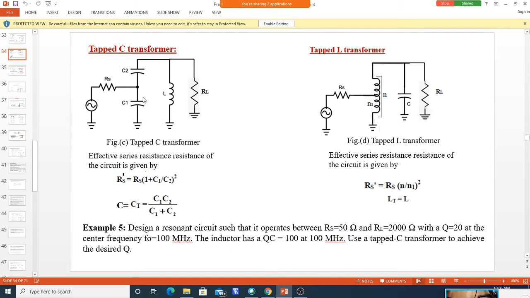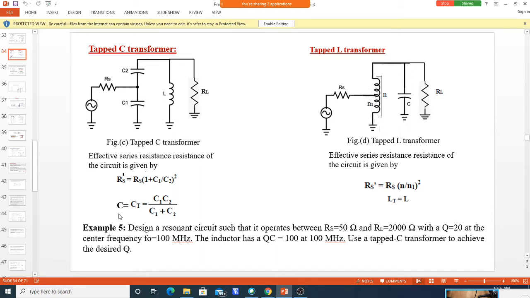So if you do like this, to the entire circuit the resistance is not now equal to RS, it is equal to RS dash. So automatically the calculation of quality factor will take this RS dash. If it is a higher value, the quality factor also increases. Like that, we can increase the resistance RS by splitting the capacitor or inductor.